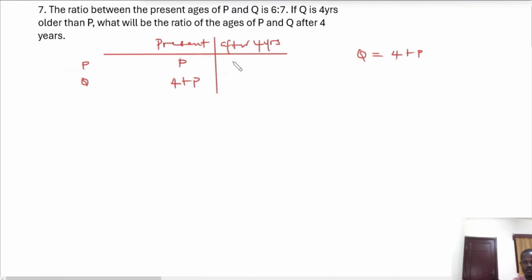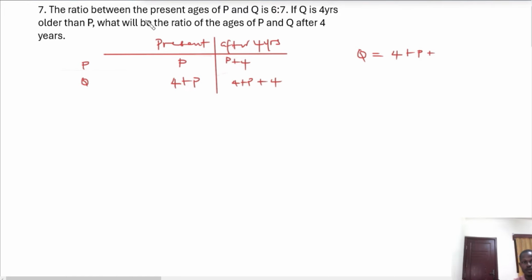After 4 years, P's age will be P plus 4, and Q's age will be 4 plus P, and then you add 4 again, so this will be P plus 8. So this is Q's age after 4 years, and P's age after 4 years. This is the present age. Let's solve these questions now.